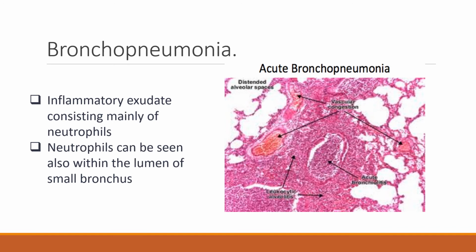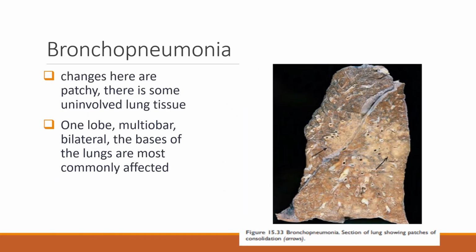Then bronchopneumonia. Microscopically you see that here the inflammatory exudate consists mainly of neutrophils, and these neutrophils can be seen in the lumen of the small bronchus, then in the bronchus as seen here, and in the alveolar walls. And grossly, this bronchopneumonia shows patchy involvement.